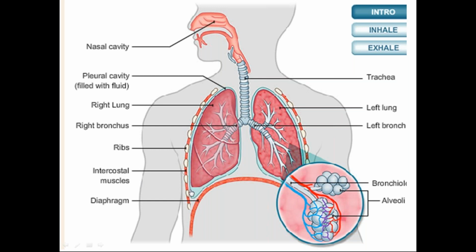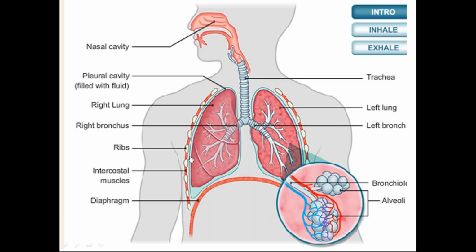Then, as you already know, the rib cage is responsible for protecting your lungs, right? This rib cage over here is not shown as a rib cage, but we can see the ribs that make up your rib cage. In between the ribs, we actually have muscles, right?